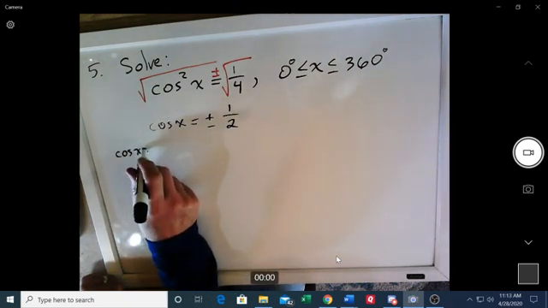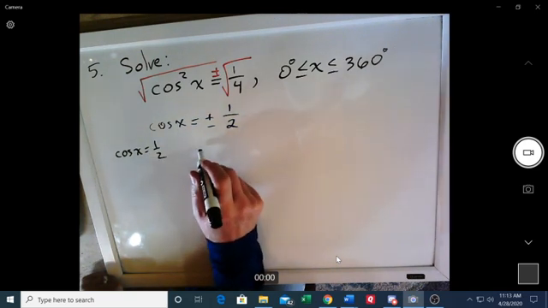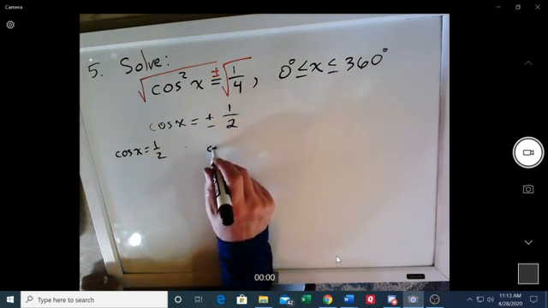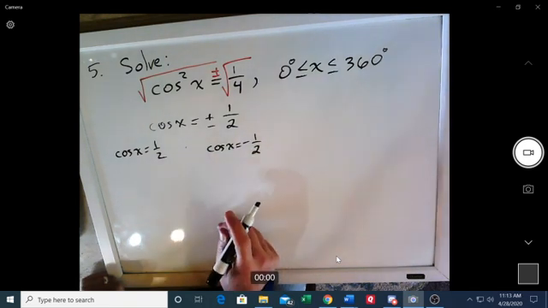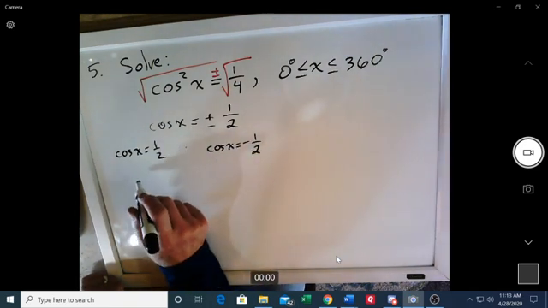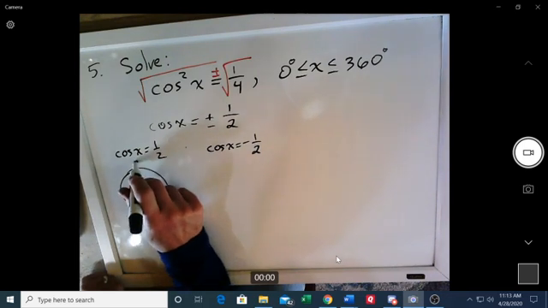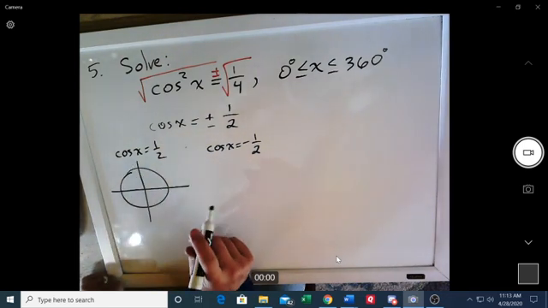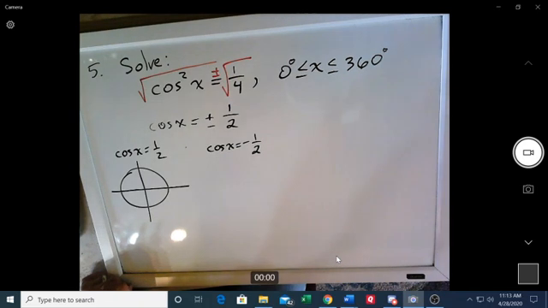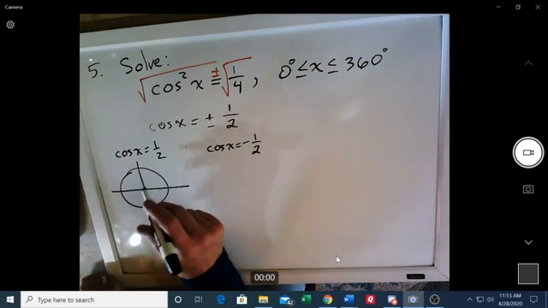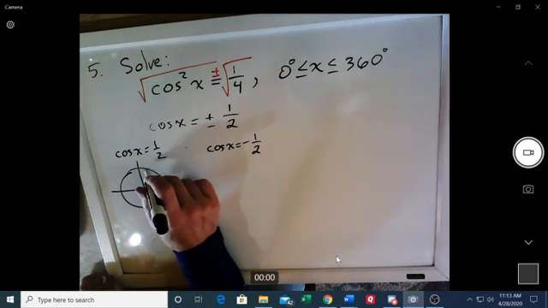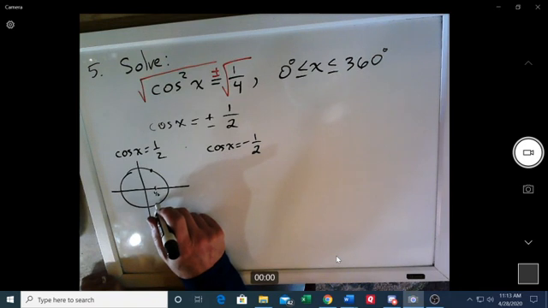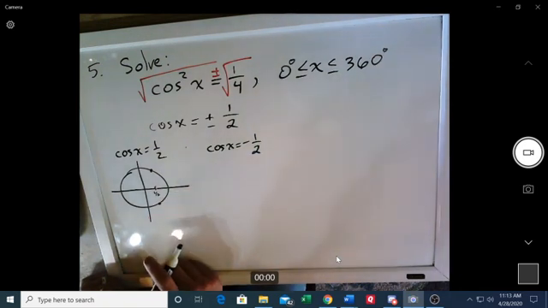This is two different problems. Cosine x is 1/2 and cosine x is negative 1/2. If I go cosine x equals 1/2, I put my 1/2 on either the x or the y-axis. Since it's cosine, I'm putting it on the x-axis. I'm either going to be up here or down here.